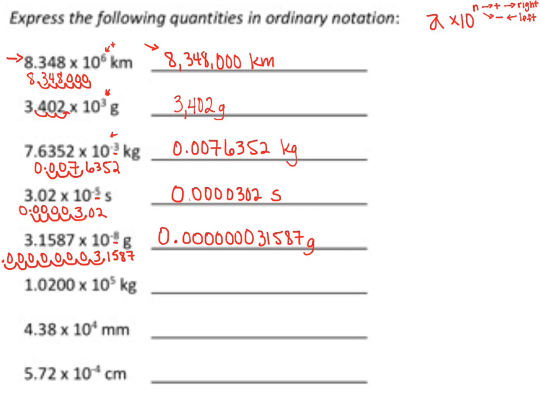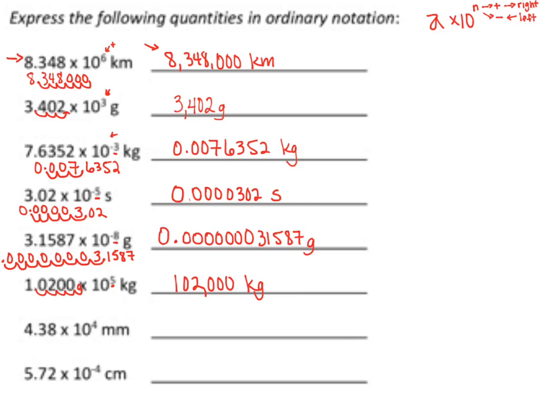All right, my next number, my exponent's positive, so now my decimal point will be moving to the right 5 times. So I can actually maybe do it here. So I'm going to go 1, 2, 3, 4, and I'm going to add another 0. So my number becomes 102,000 kilograms.